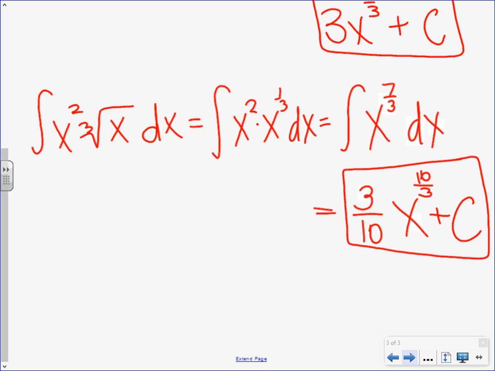You should always know if you have the correct answer, because if you take the derivative of your answer, you should be able to get back to what is inside. How did you get 7 thirds? Since we are multiplying, we can add our exponents, and 2 plus 1/3 would be 7/3. We have 6/3 plus 1/3.